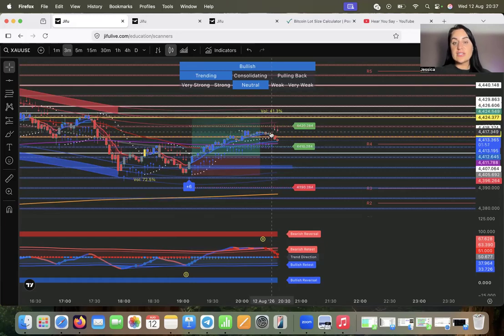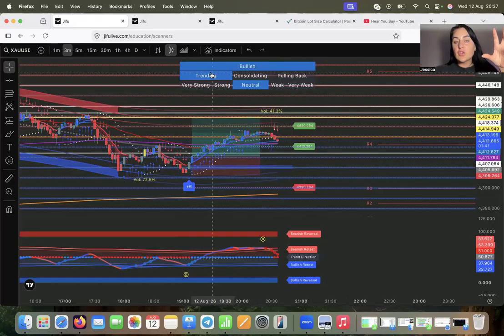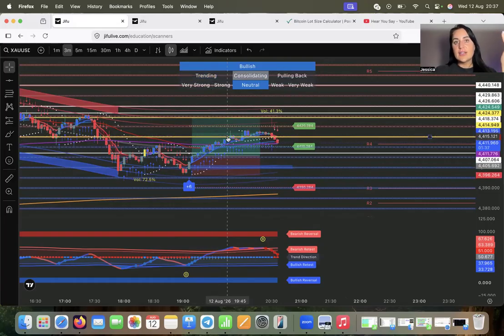I know there is a sniper arrow here, which John Oliver does say when a sniper arrow appears, you do have an option of getting out. But through my experience and my results with this scanner, if I'm trading with trend, I stay. I'm risk-free, I'm going to leave it until it hits my TP.